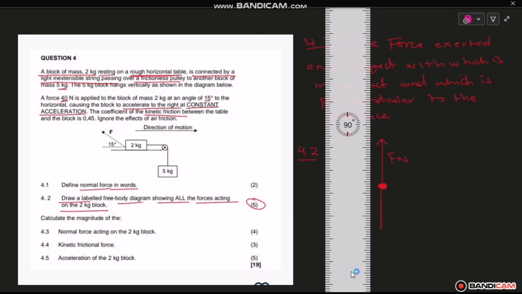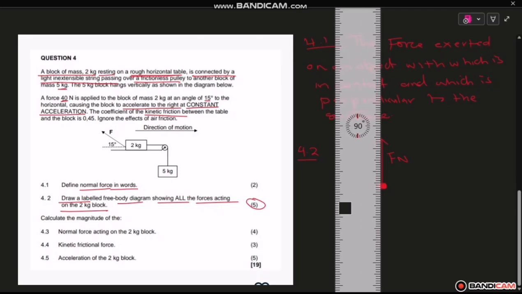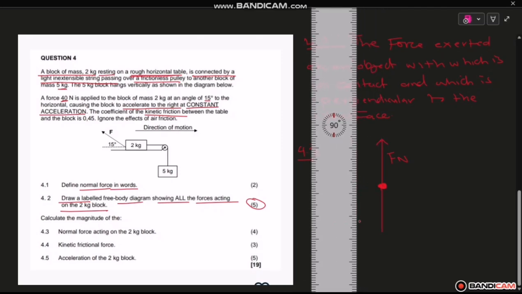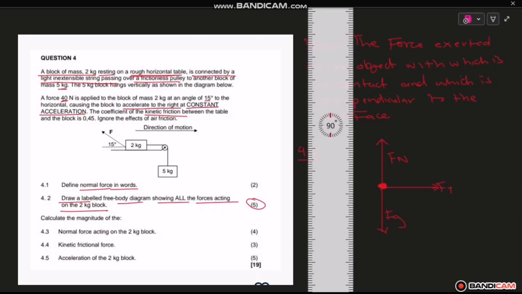Let's draw Fg over here. This becomes Fg, or W, which is weight. Then this force that we have here is the tension, Ft, or just T. Then they told us that there is a kinetic frictional force.